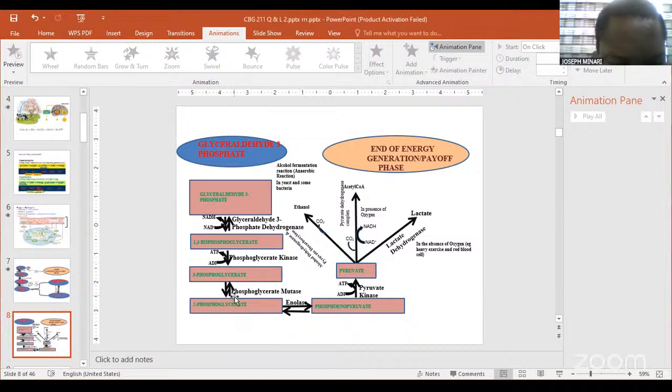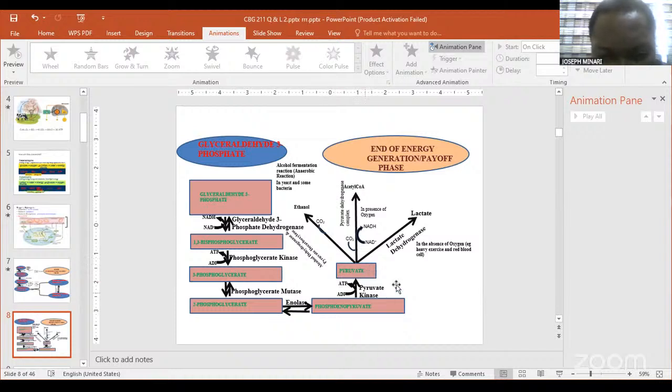From 3-phosphoglycerate to 2-phosphoglycerate it is phosphoglycerate mutase. From 2-phosphoglycerate to phosphoenolpyruvate it is enolase. And from phosphoenolpyruvate to pyruvate it is pyruvate kinase.